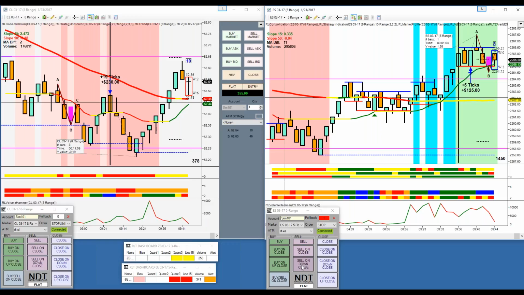Let's see if the market rolls here or not. We've got a pending transition zone trade on the 6E.